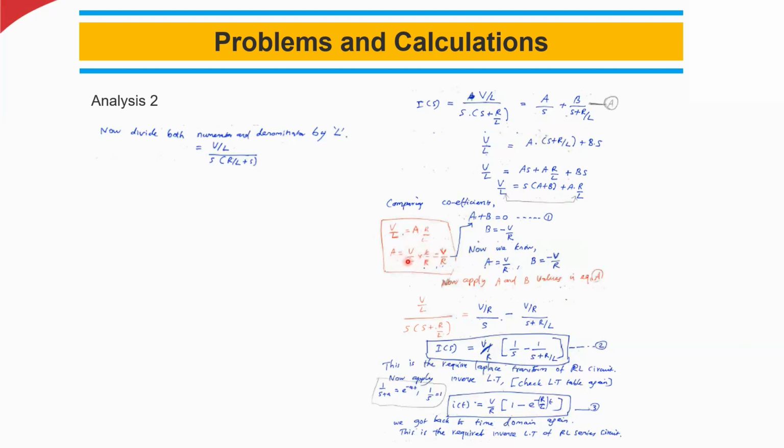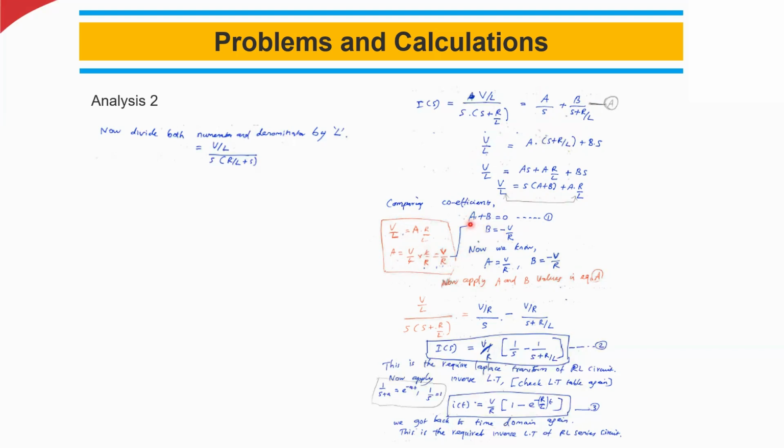Now I got the value of A, because I used these variables A and B. So now I have found the value of one variable: A is equal to V divided by R. Now I can apply this in the equation A plus B is equal to 0. A value is V divided by R, then B value is equal to minus V divided by R, because V divided by R plus B is equal to 0.